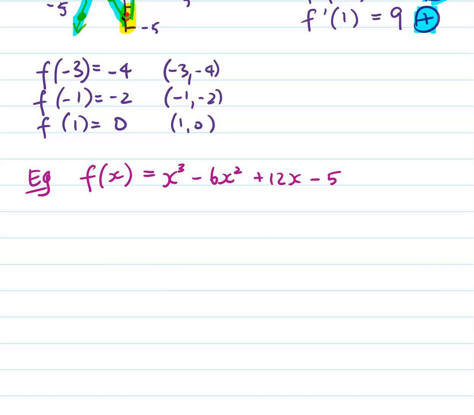The process is exactly the same. Step 1, find your derivative. Step 2, find out what x is when the derivative equals 0. So we're going to end up with this.